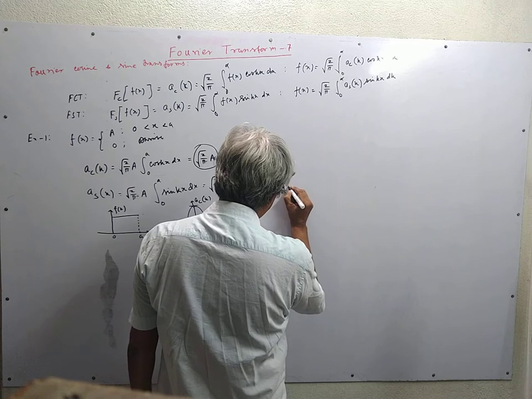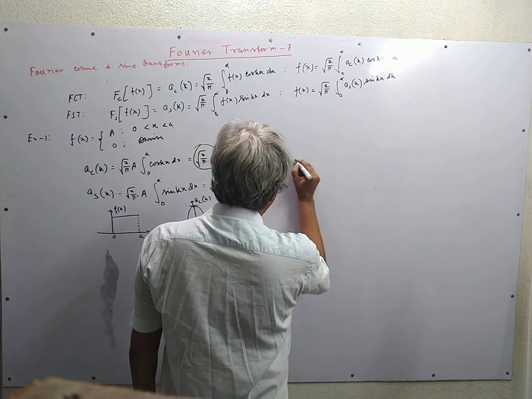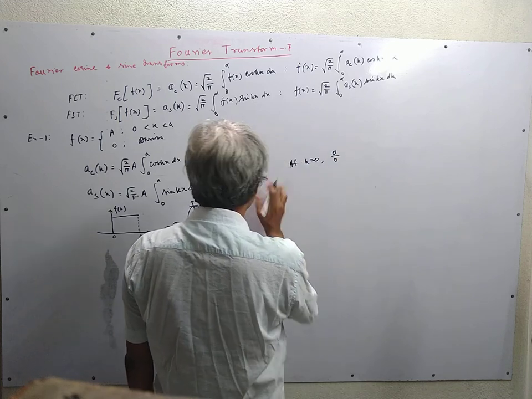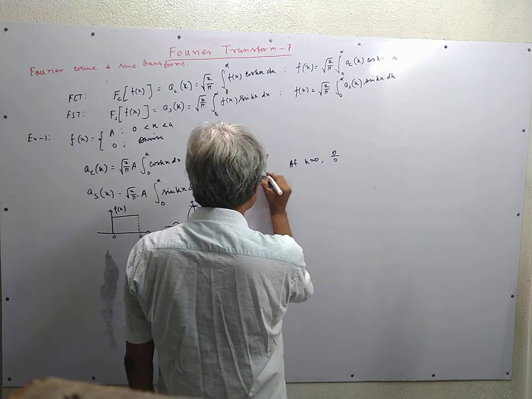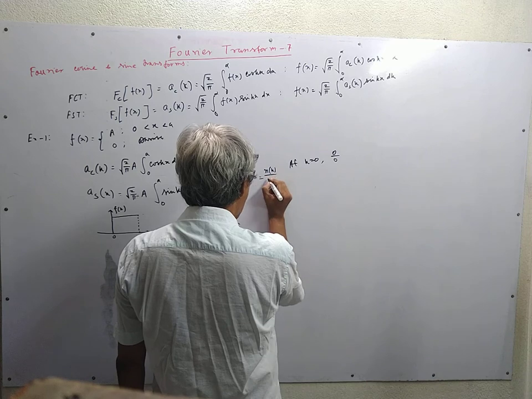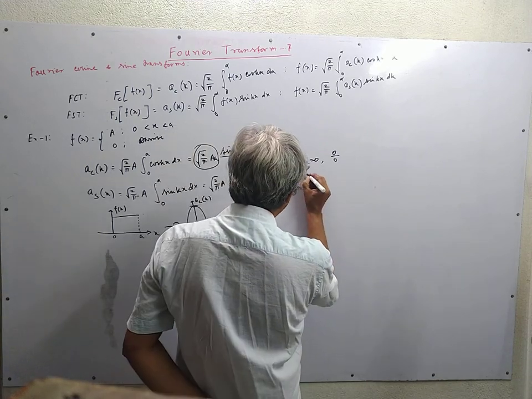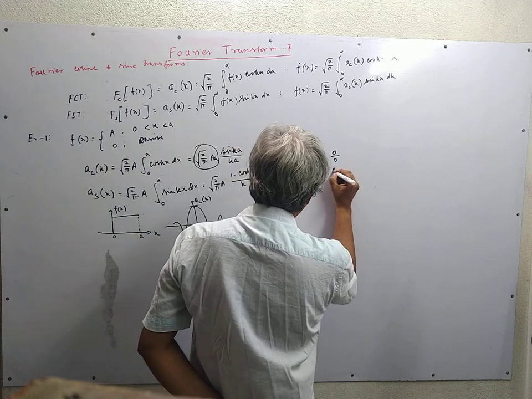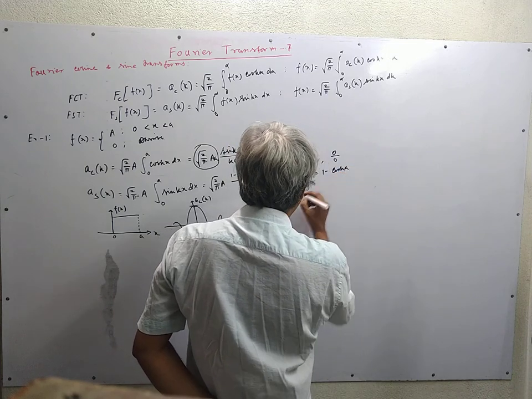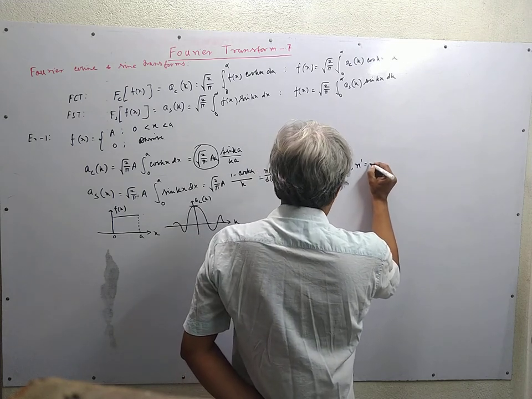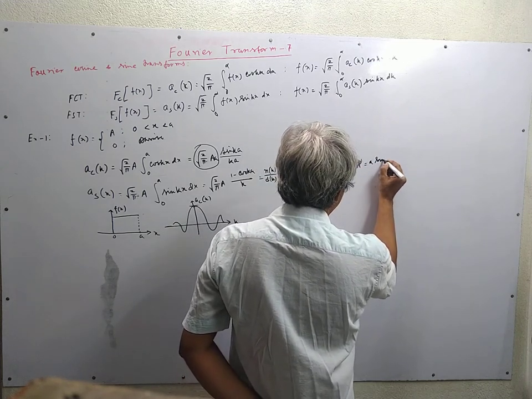At k is equal to 0, it is of the form 0 by 0. So we define the numerator function and the denominator function as we did earlier. So n of k is equal to 1 minus cos ka, and its derivative is a sine ka.